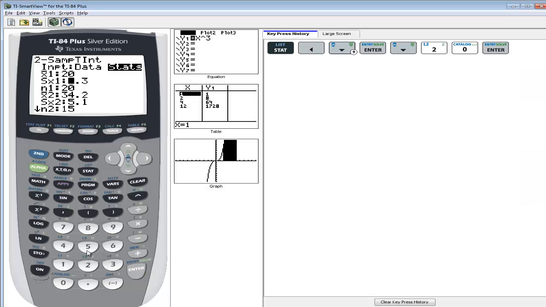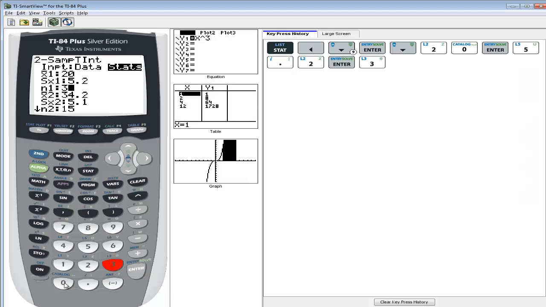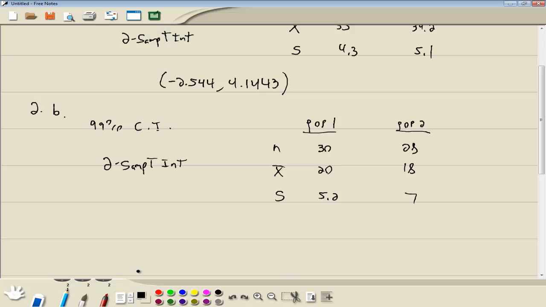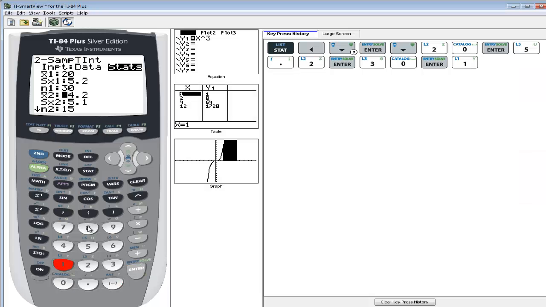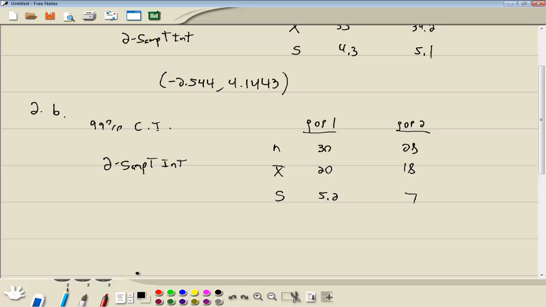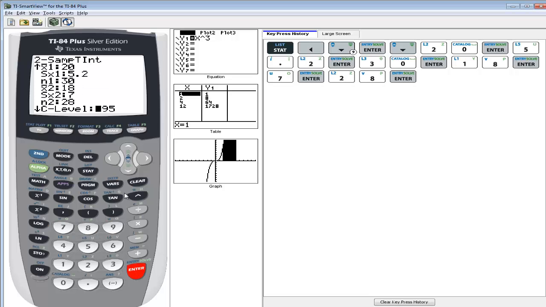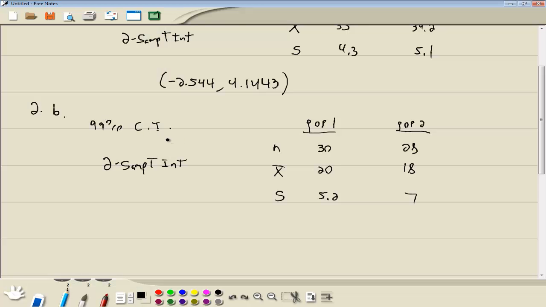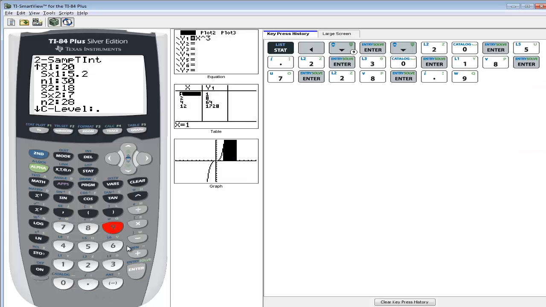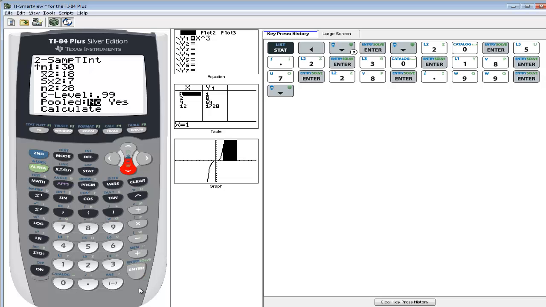S is 5.2. n is 30. x bar sub 2 will be 18. S2 is 7. n2 is 28. I thought it asked us for pooled last time. I guess it didn't. 99%, 0.99. Oh, it does ask for pooled. Never mind, I just can't remember the order. And then Calculate.